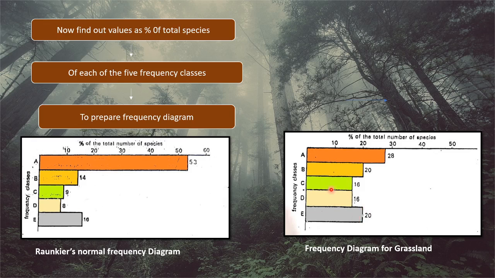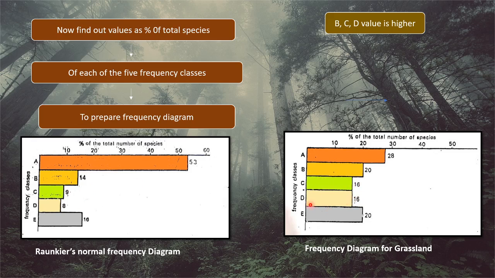So as you can see, here the B, C and D values are higher. In Raunkiaer's normal frequency diagram, the B, C and D values are less. Here the B value is 20, in Raunkiaer's it is 14. Here the C value is 16, in Raunkiaer's it is 9.